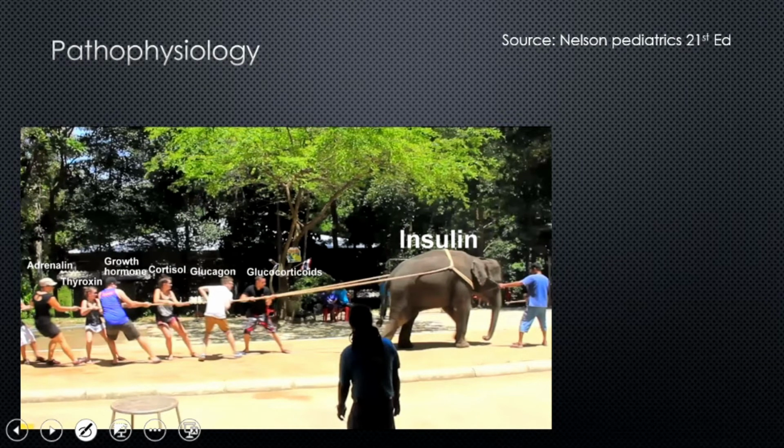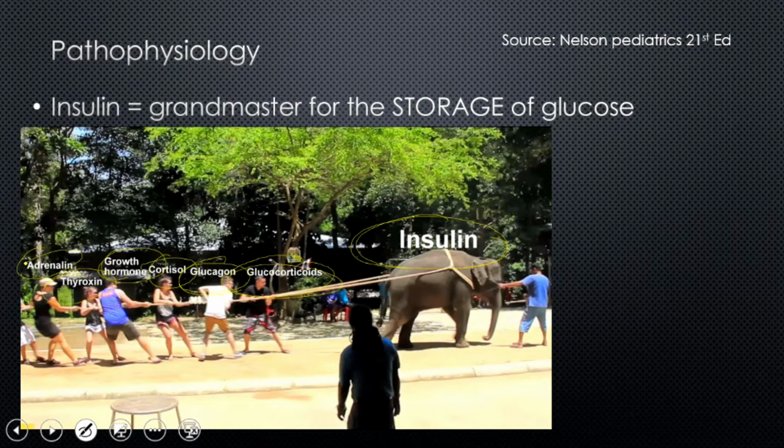All other regulatory hormones like glucocorticoids, glucagon, cortisol, growth hormone, thyroxine and adrenaline, or I must say epinephrine, cause hyperglycemia. So we can easily say that insulin is the grandmaster of storage of glucose.